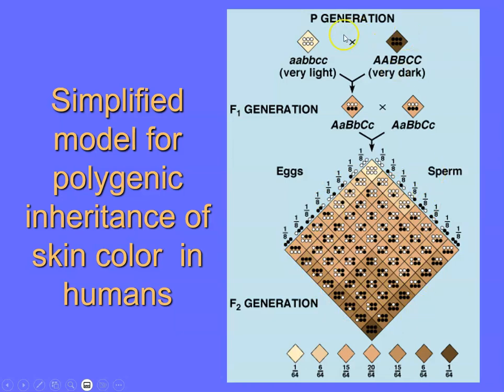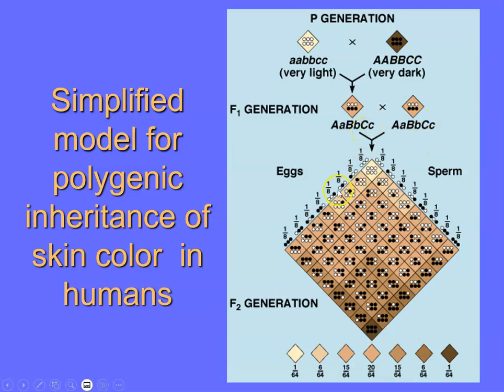To show you what would happen if the lightest skin tone, a person with the very, very lightest skin, which would be recessive for all 3 of those genes, had children with a person that had the very darkest skin and had the dominant homozygous genotypes for each of those genes. All of their children in the F1 generation would be heterozygous for those 3 genes: capital A, lowercase a, capital B, lowercase b, capital C, lowercase c.